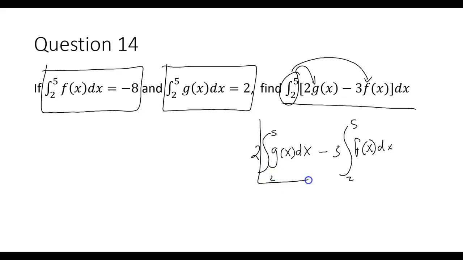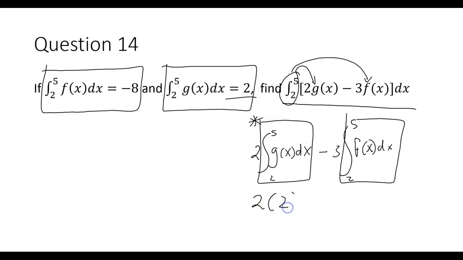And now that we've done that, we could just look at our references that they gave us. They told us that this one is equal to 2. And they tell us that this one is equal to -8. So I've got 4 plus 24, which is 28.